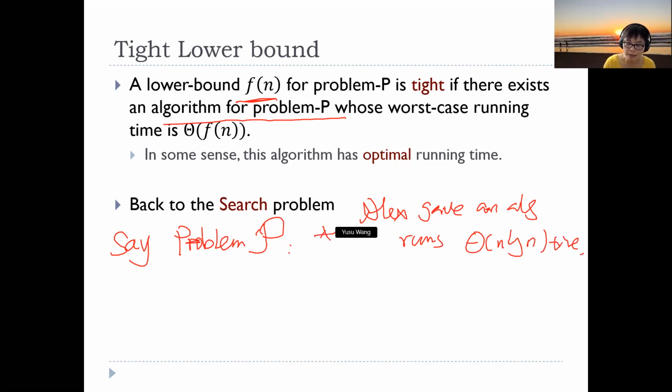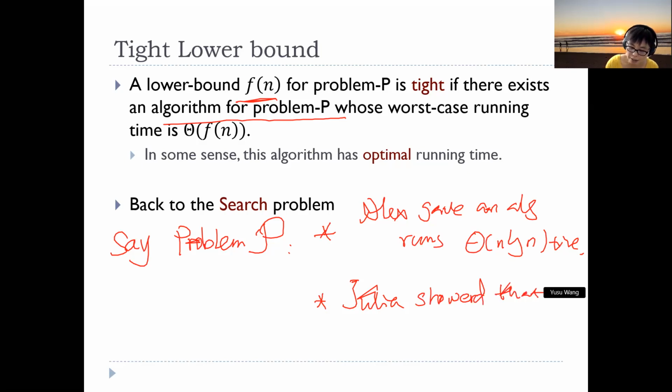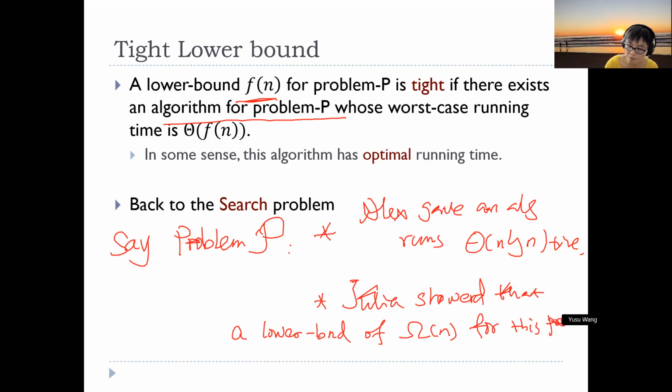And let's say Julia showed that there's a lower bound for this problem. What do we know combining these two?